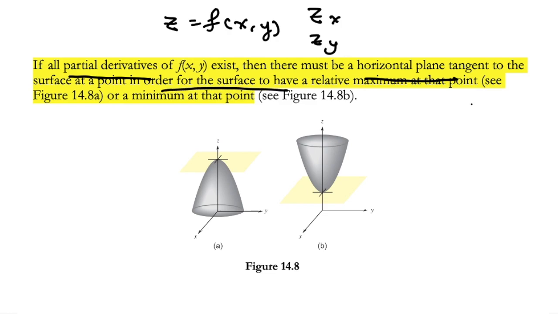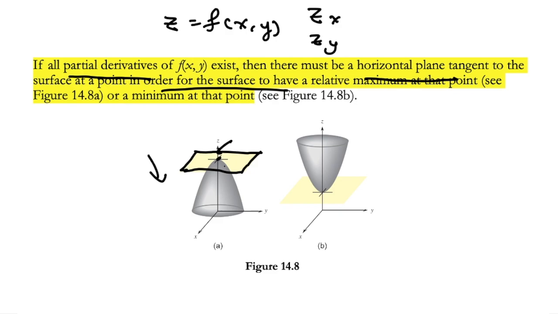And it becomes tangent to the surface at a point in order for the surface to have a relative maximum at that point. If it is a relative maximum, you see the first graph here, 14.8 A, then you have a maximum point here, and you see this plane, which is cream color. The maximum is here, isn't it?